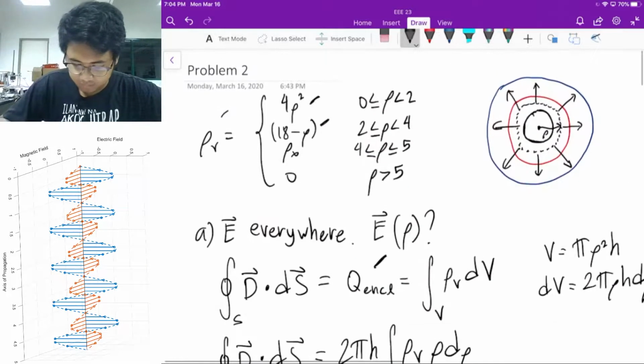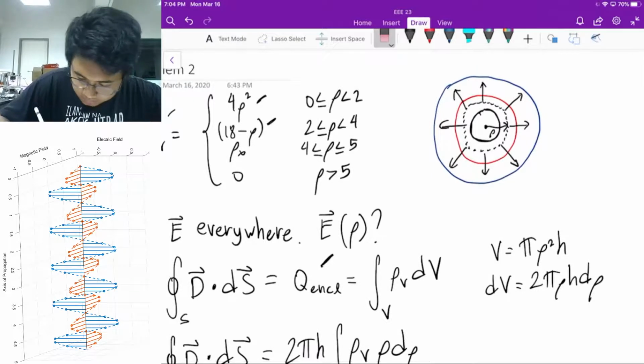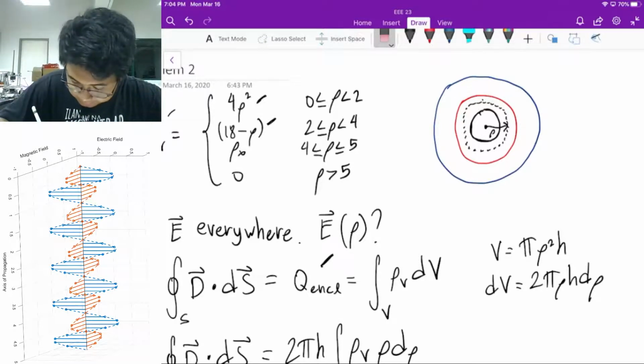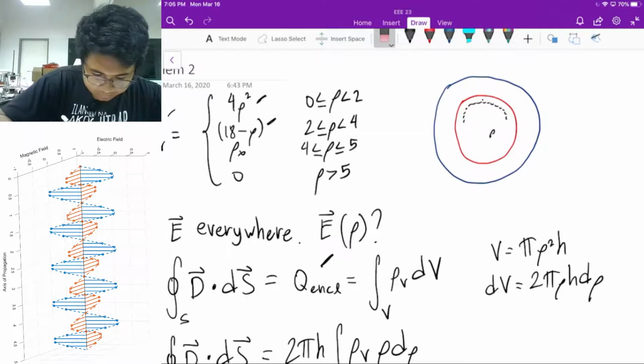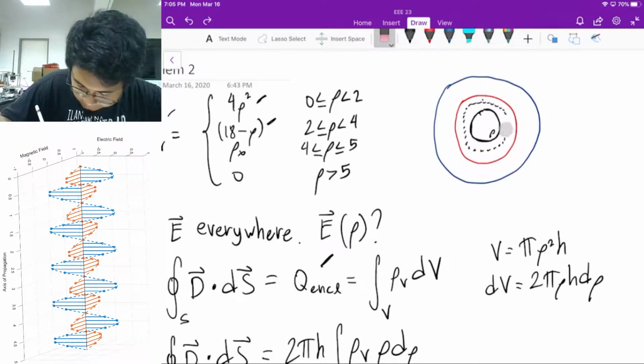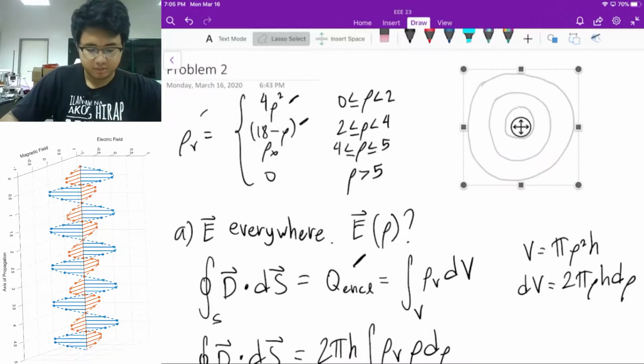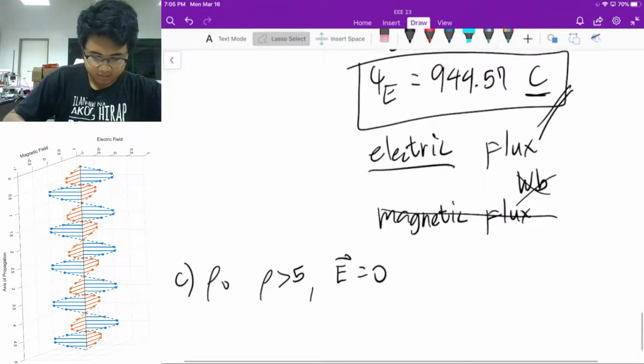Let me just clean that figure. Just copy that, and put it here.